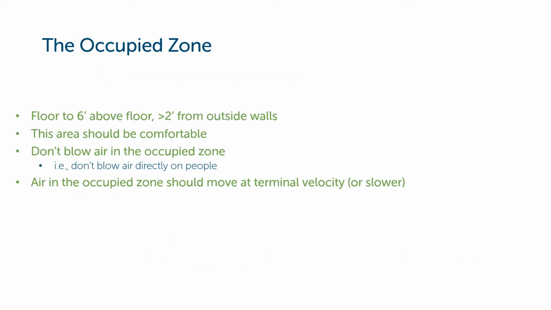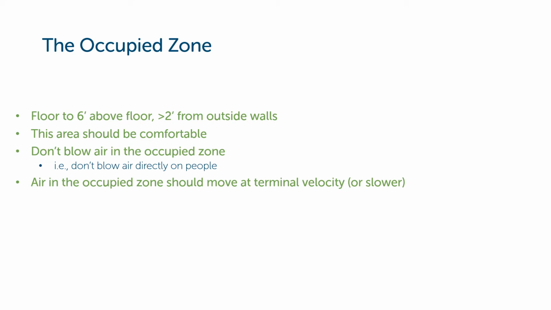So the occupied zone is where the people are. A good duct system will move air outside the occupied zone so as not to blow air directly on the people. Air blowing directly on people creates discomfort and dissatisfied customers.